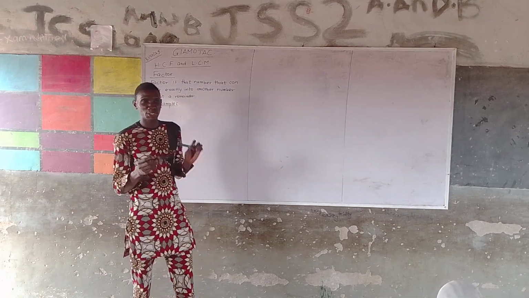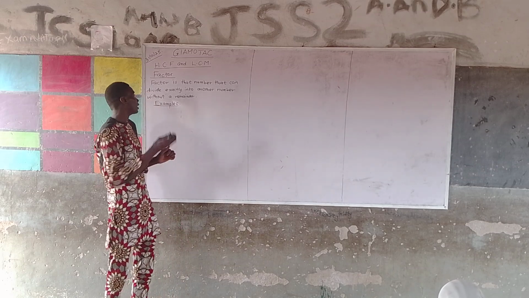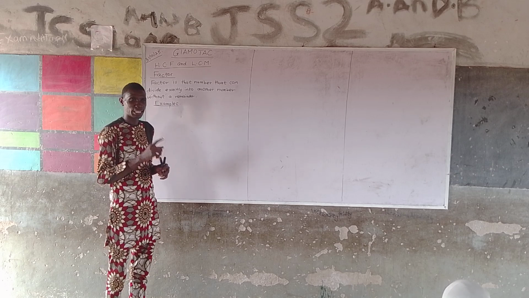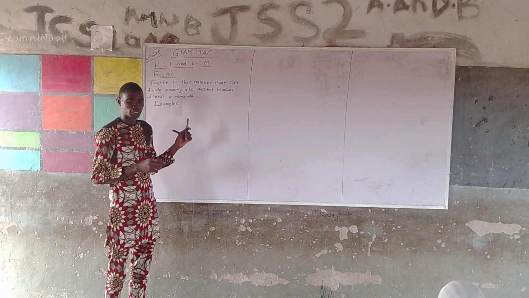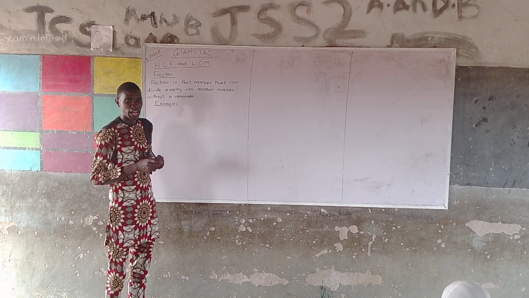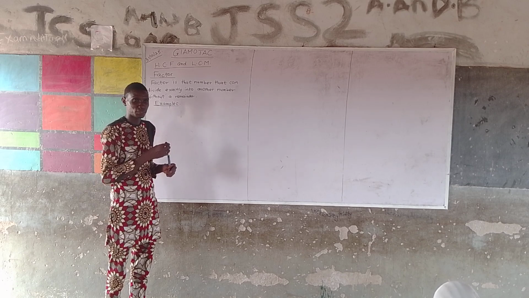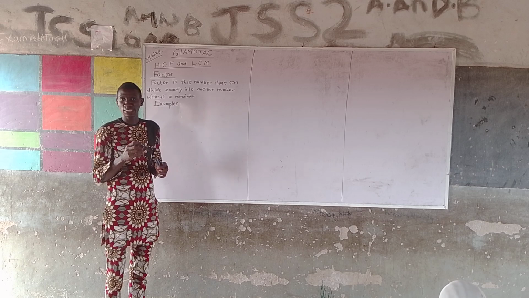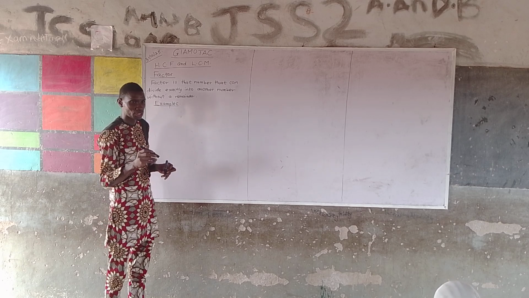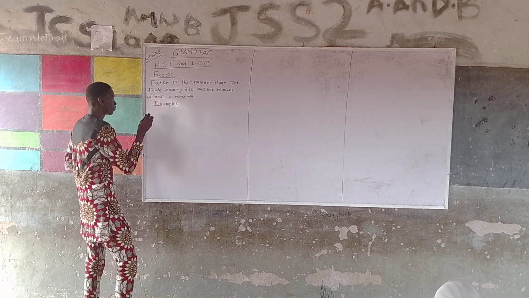Whenever you can subtract this number from that number repeatedly and you get 0, then you should know that that number is a factor of the number given on the board. But if you subtract that number repeatedly and it doesn't give you 0, then that shows that the number you used is not a factor of that number. Let's see some examples.